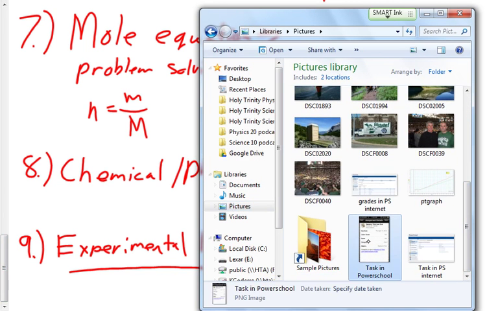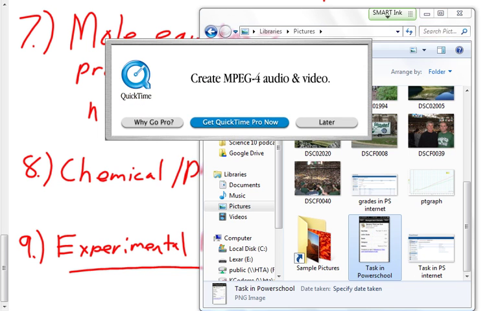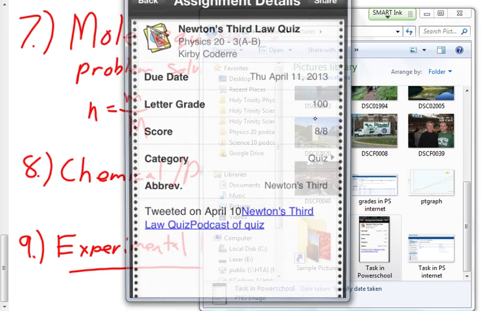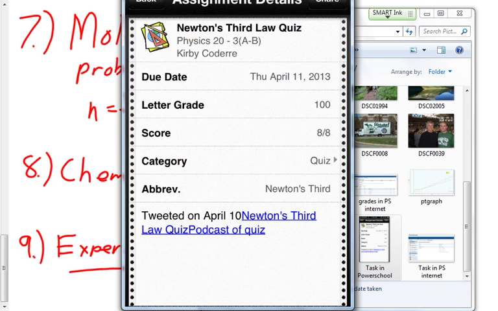Okay. If you look at it on your phone, right? If you open up a single task on your phone, okay, on PowerSchool, it looks something like this, and you'll see down at the bottom, there's those links, okay?